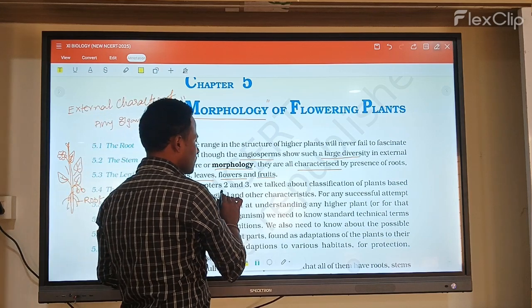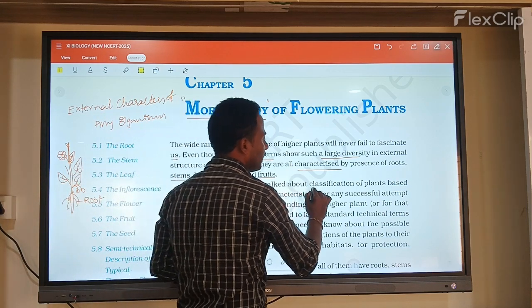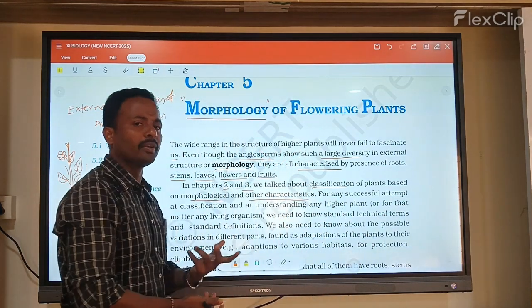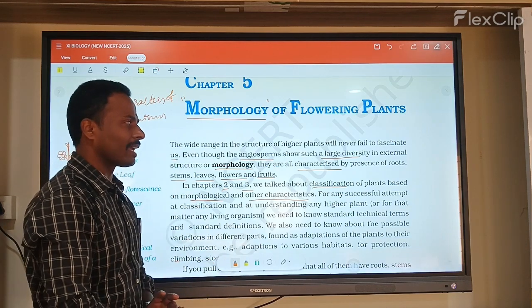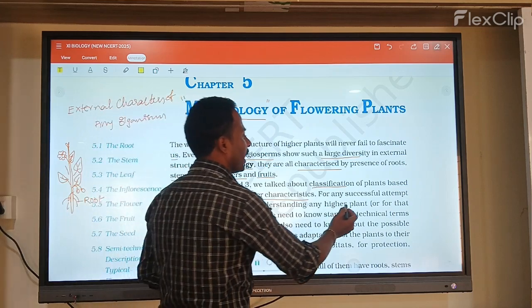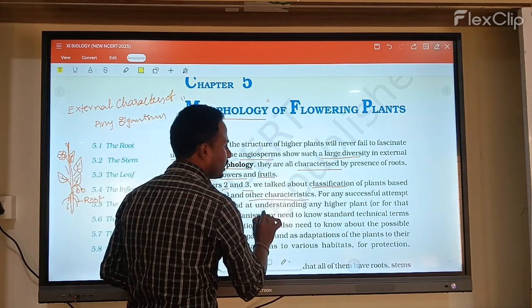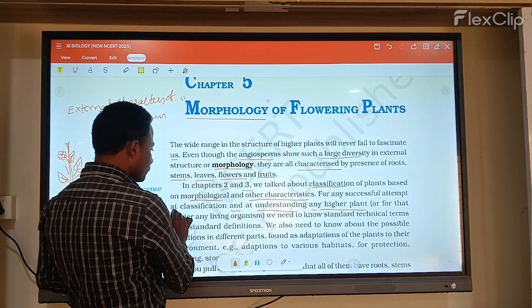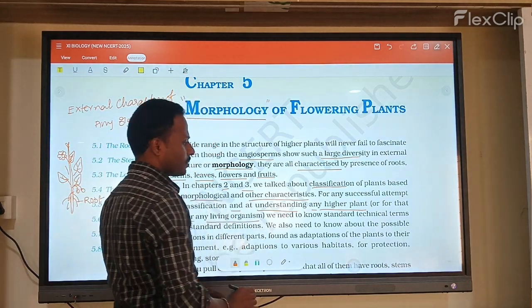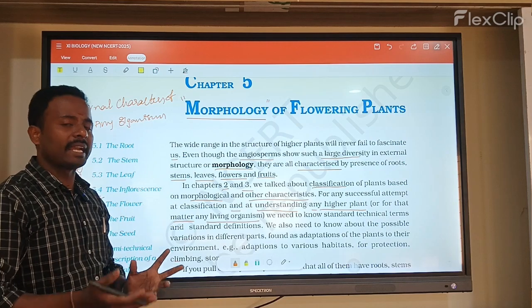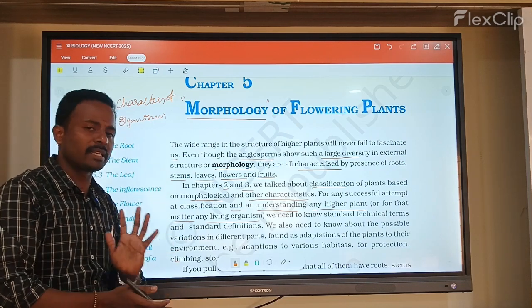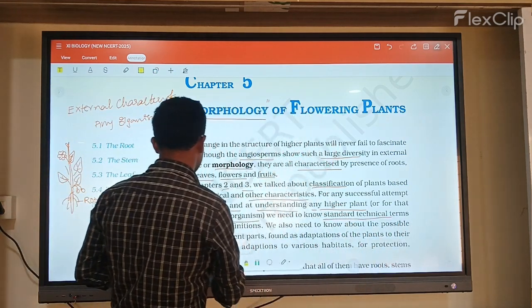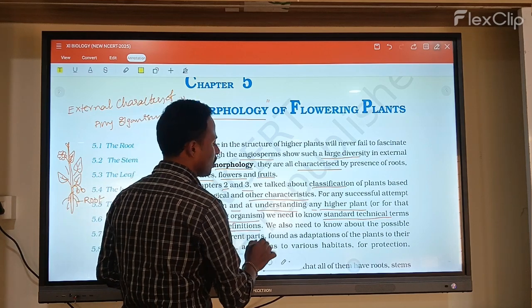Now, in chapter 2 and chapter 3, we talked about the classification of plants based on morphological and other characteristics. In chapter 2, we discussed all the morphological characters of plants. Now, for successful classification and for understanding any higher plants, or for that matter any living organism, to easily understand one particular organism we need some standards or technical terms, and standard definitions are required.